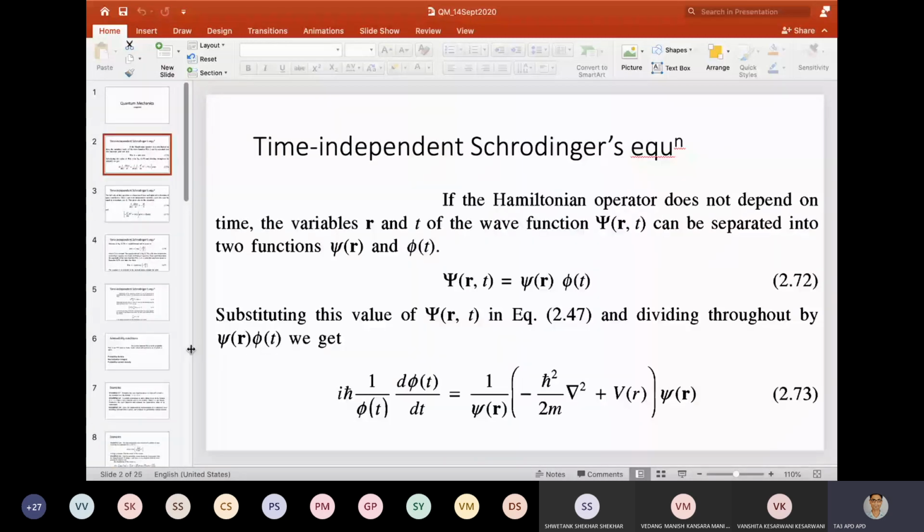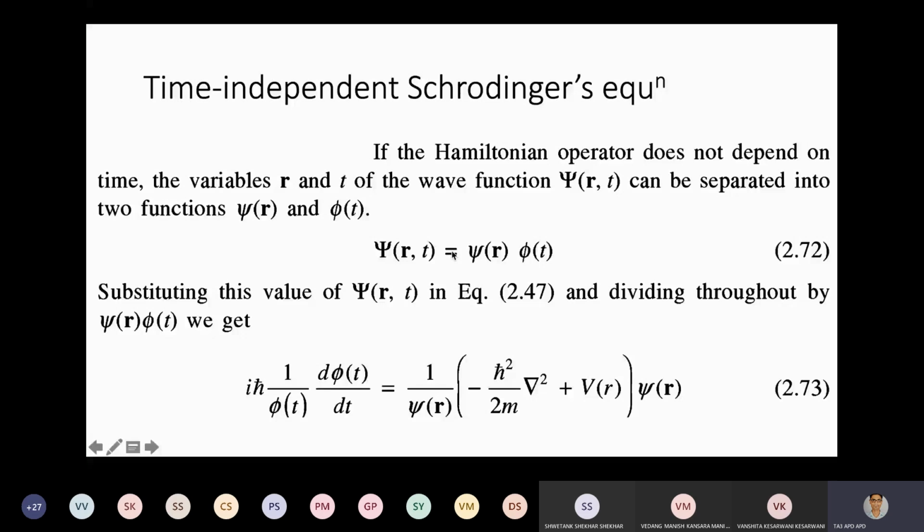In order to describe the time-independent Schrodinger equation, we must separate the wave function. So psi, which depends on both position and time, is separated into two functions: one depends on position separately, and the other depends on time separately.